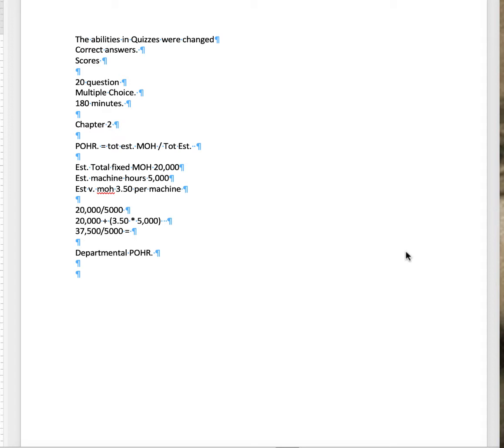We need to apply. So remember how to apply the predetermined overhead rate. Okay, you just take the predetermined overhead rate and you multiply it by the actual driver incurred.